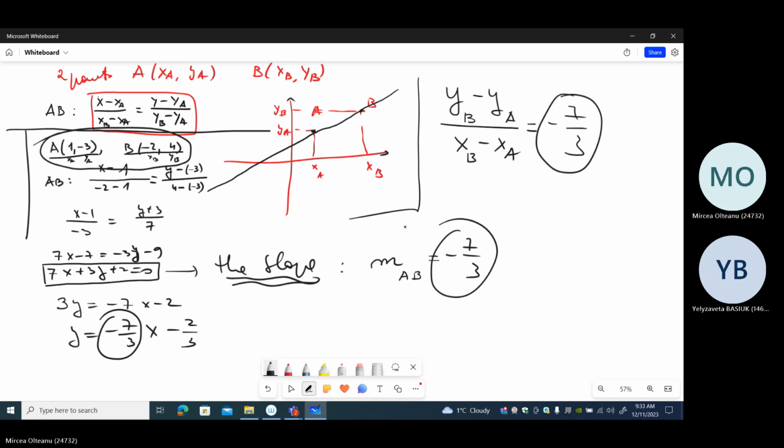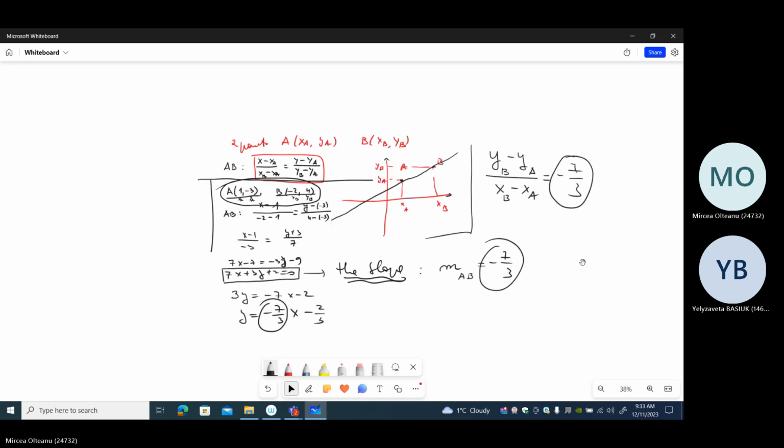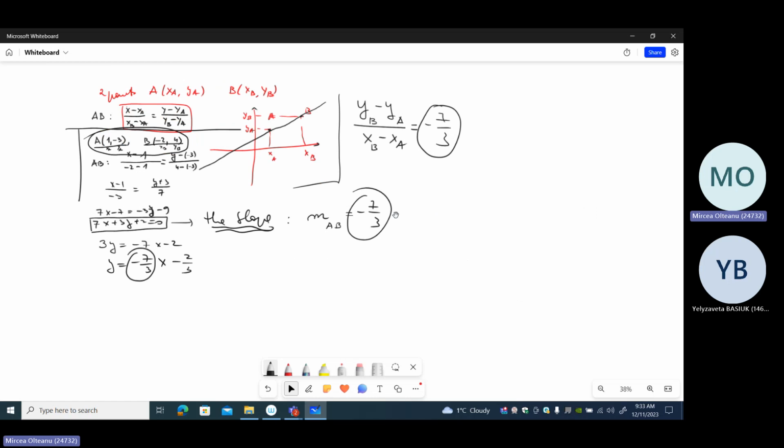So the conclusion is the following. If we have 2 points, we know to do 2 things. First of all, we know to find the equation of the straight line which passes through those 2 points. This is given by this formula. But also we can compute directly, without using the equation, the slope.